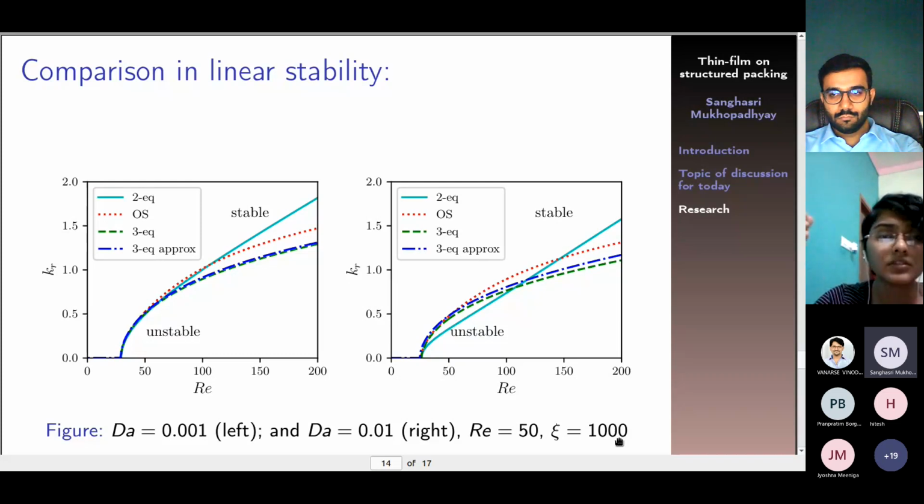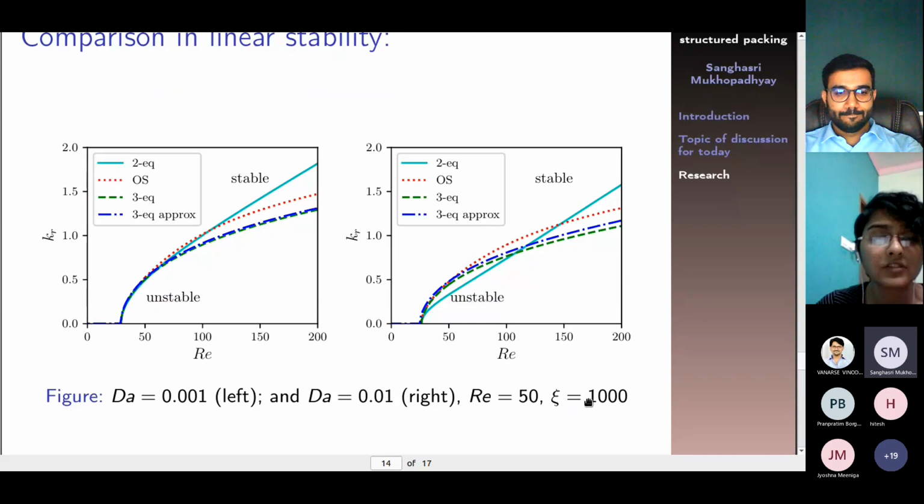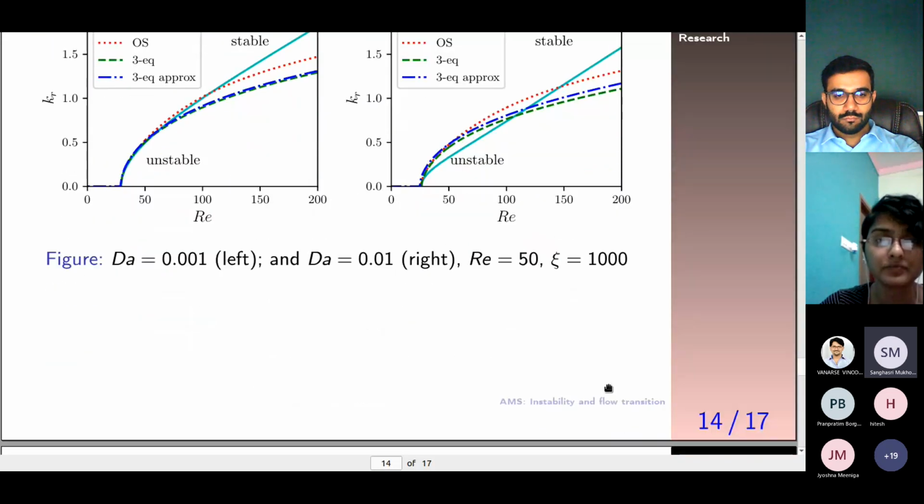So there is a problem with the flow rate of the porous and the liquid layer. So precisely for higher values of anisotropy, the three-equation and the three-equation approximate model work much better in these cases. The same kind of thing we can observe for the higher values of the anisotropy.